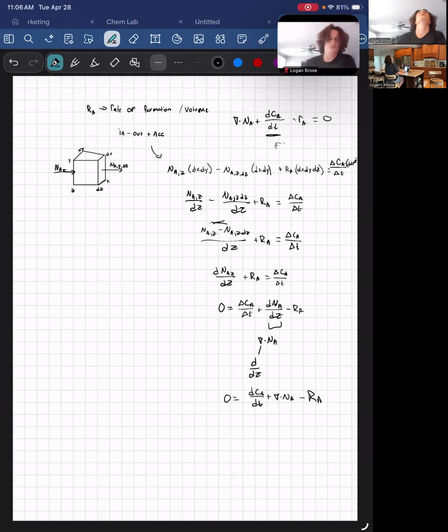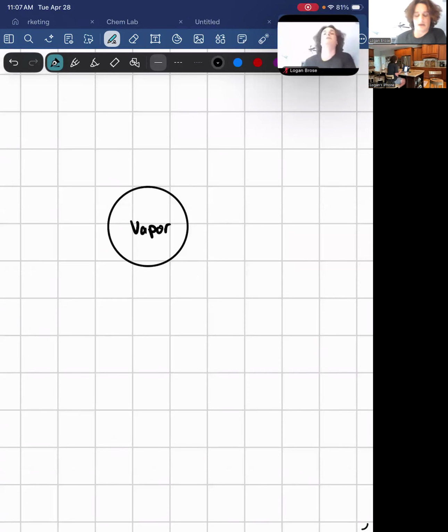And so following this, we can look at when we have a system here. So let's say we're equimolar, and we have, that's terrible, we have a vapor bubble and it's inside of liquid, right? So this whole outside area will be liquid.